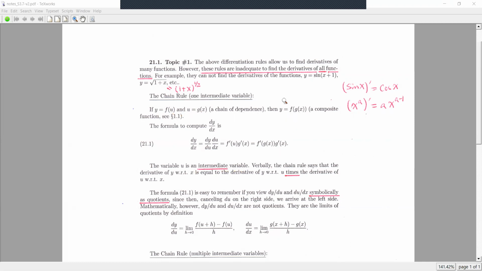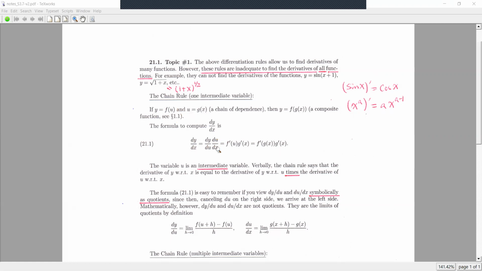The variable u is called an intermediate variable. Now, we want to compute the derivative of this function. The formula is dy/dx, this notation means the derivative of this function, is equal to dy/du. dy/du is the derivative of this function times du/dx. du/dx is the derivative of this function.